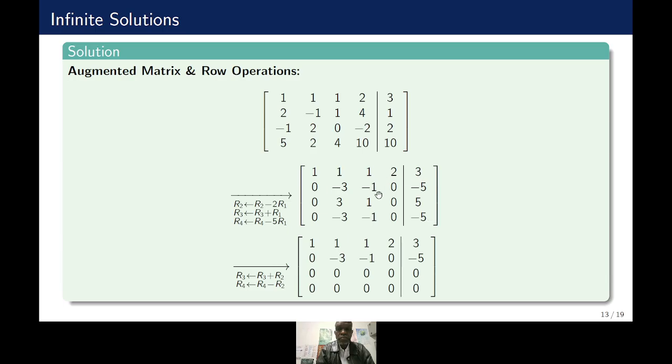What I want you to observe is this. These 3 equations that remain have the same coefficients except for different signs. So what it basically means is that these equations contain almost the same information. So let us do row operations further. We do 2 more row operations to eliminate things here.